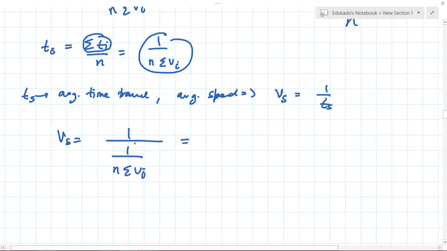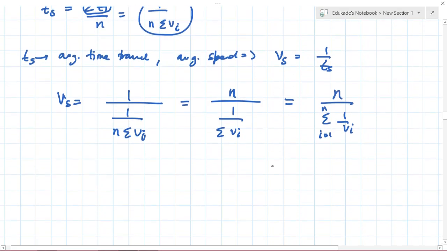Now this n will come upwards, so it will be n over 1 upon sigma Vi, and I can write it like n over sigma 1 upon Vi. Simple. And the sigma is varying from i equals 1 to n.